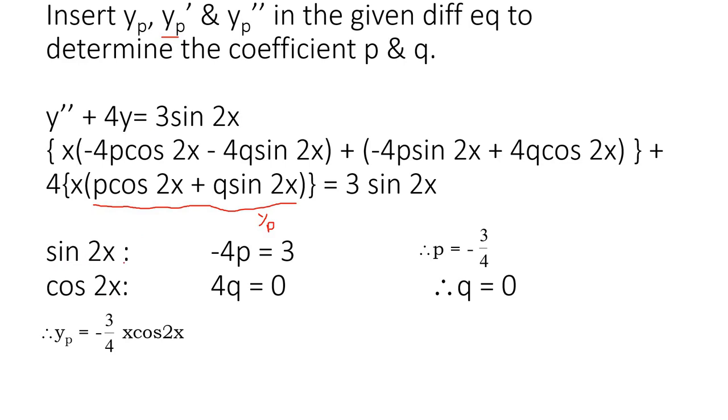Here I just directly compare, because on the right hand side I have a sin 2x with coefficient 3. On the left hand side, this is a sin 2x term, negative 4q times x. Oh, I want the sin 2x term only, so this is not. Let me erase it.